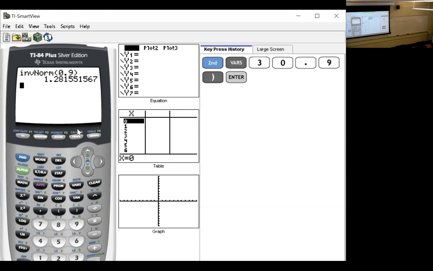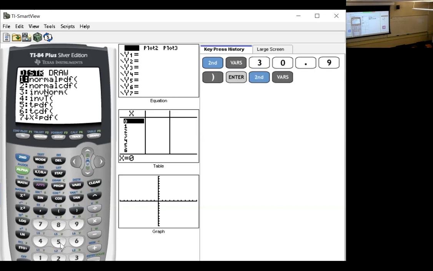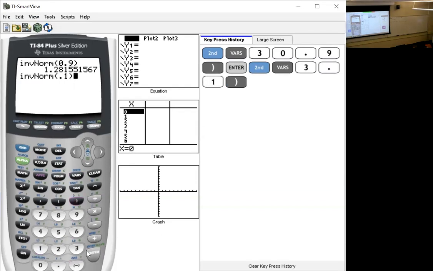Let's say by some accident you ended up putting 0.1. Let's say you didn't think at that moment and you ended up putting 0.1. Of course, you can correct yourself. You look at that diagram or picture that you drew, it is to the right of 0, but you're getting a negative value.